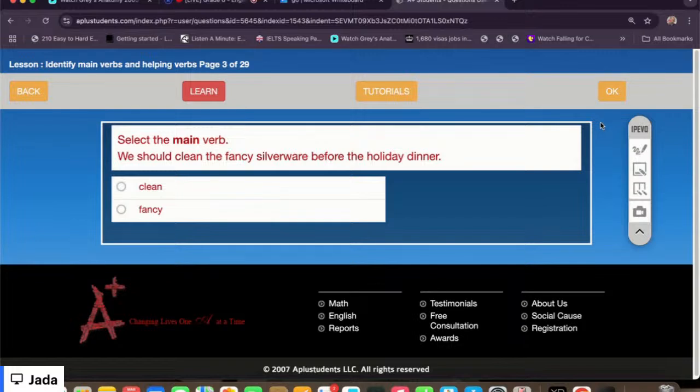We should clean the fancy silverware before the holiday dinner. So what's the main verb here? Clean or fancy?